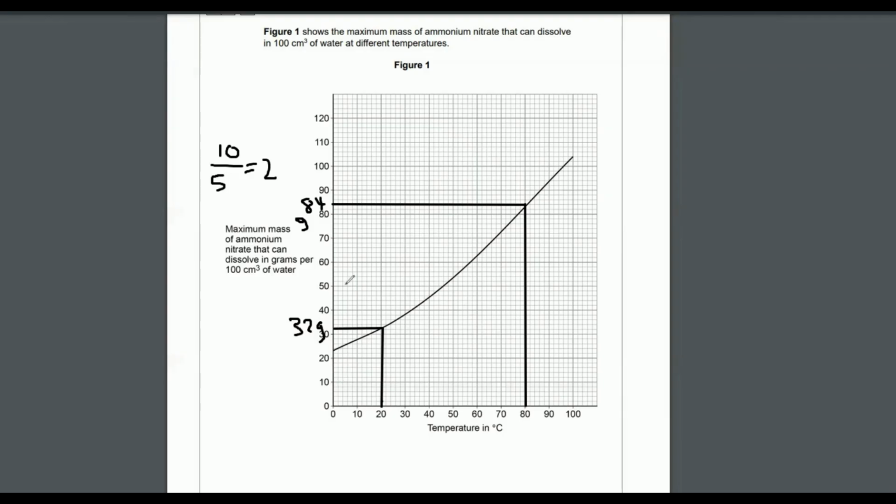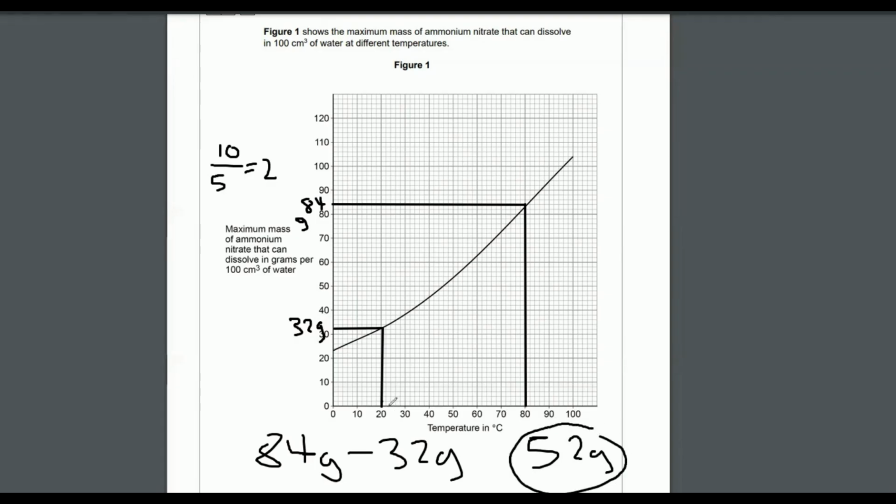The rest will have formed crystals inside the beaker. So how much mass has come out? Well, 84 minus 32 grams gives us 52 g of ammonium nitrate crystals that have come out of the solution when we cool it from 80 to 20.